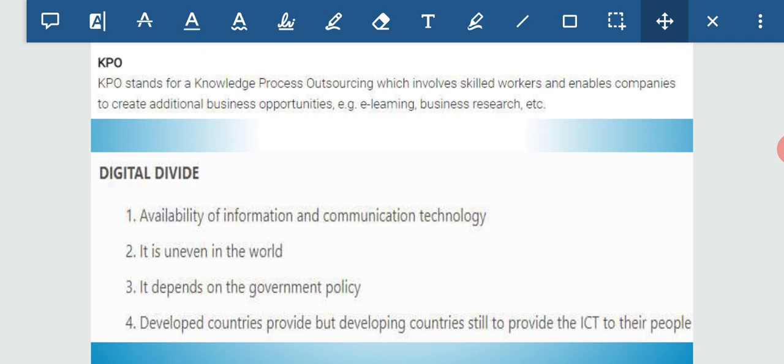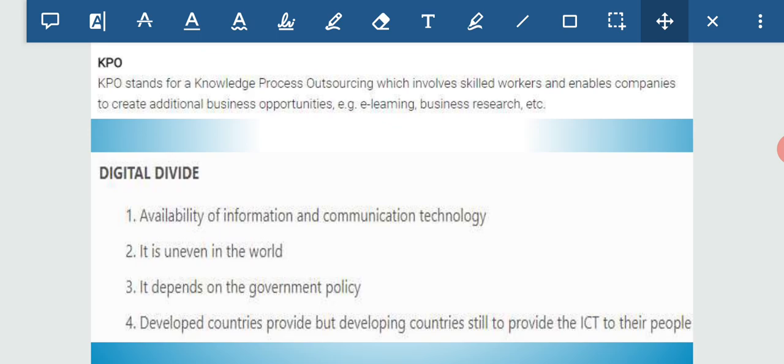This division of developed and developing countries on the basis of information communication technology is termed as digital divide.